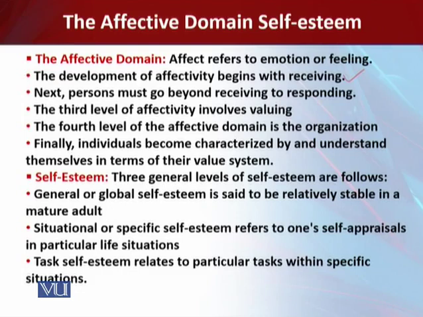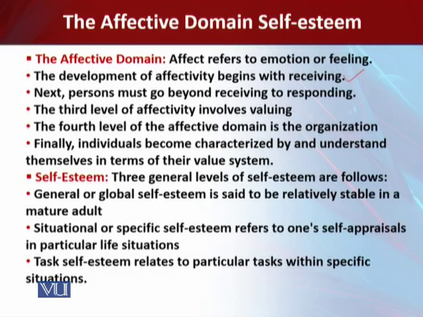Then at the second stage, persons must go beyond receiving to responding, committing themselves in at least some small measure to a phenomenon or a person. The third level of affectivity involves valuing, which means placing worth on a thing, a behavior, or a person.